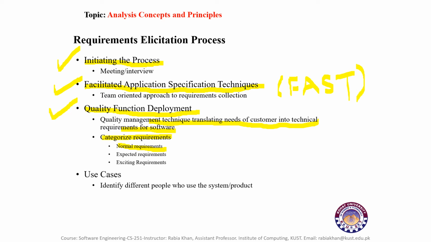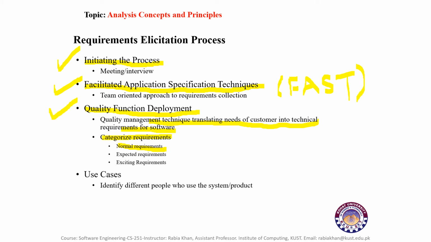Normal requirements are those which must be present in your software. If they are not present, your customer is not happy. So these are the explicitly stated requirements of the customer that should be incorporated in your system.